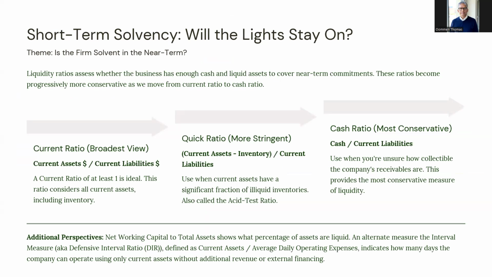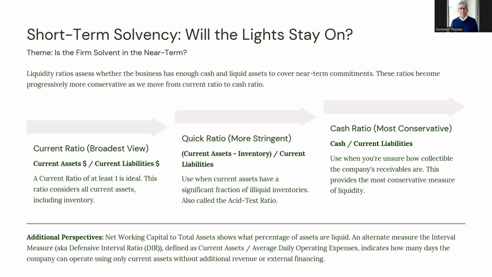So from a short-term perspective, the analyst's interest is in knowing if there are enough short-term assets at hand to cover short-term obligations. So the way they look at solvency is to see if the short-term assets are adequate to cover short-term obligations.